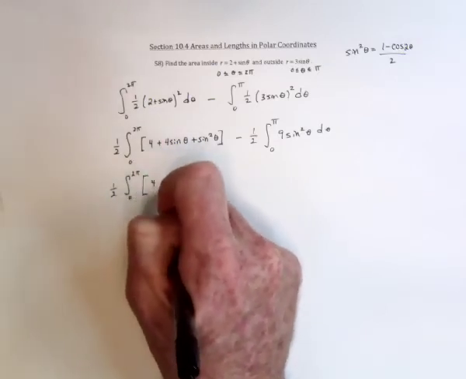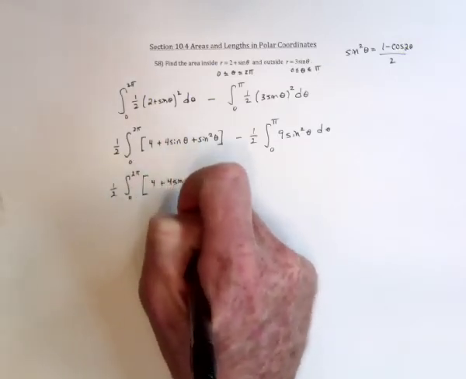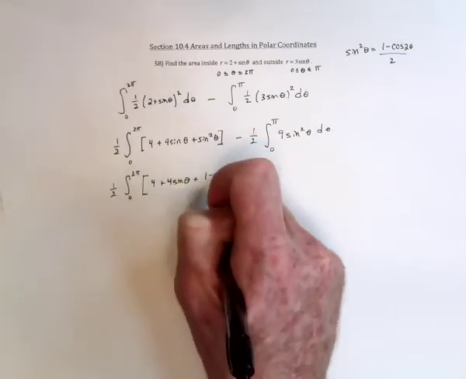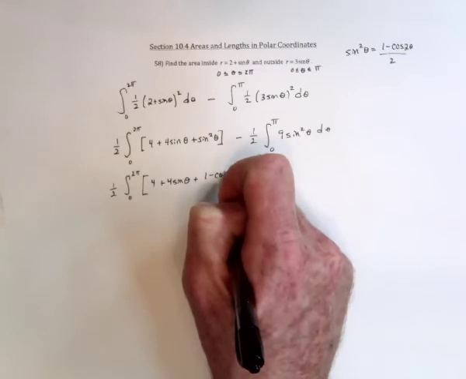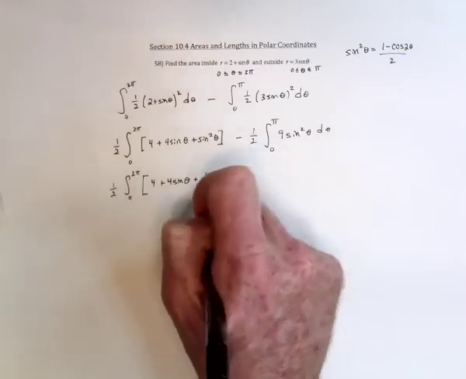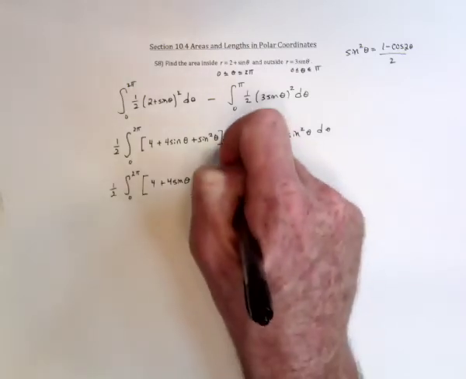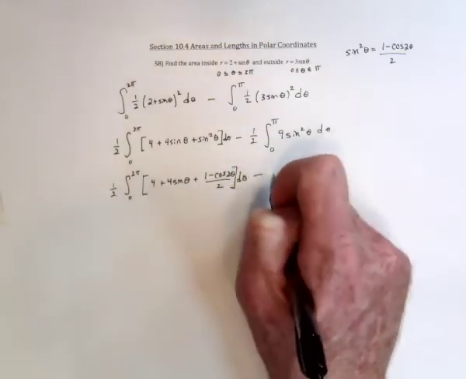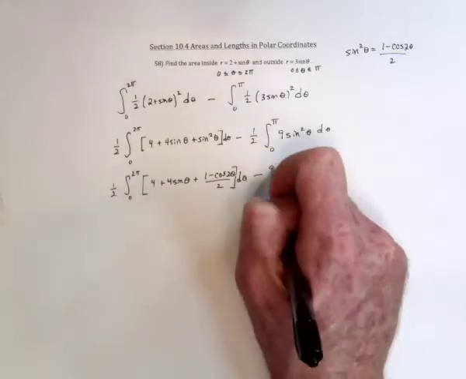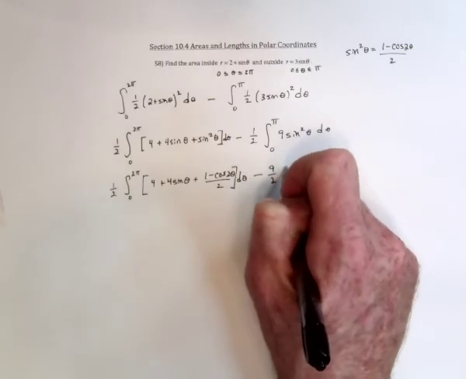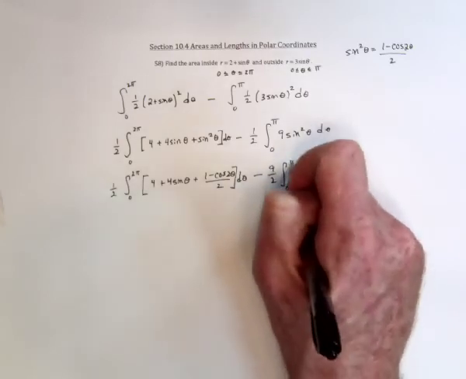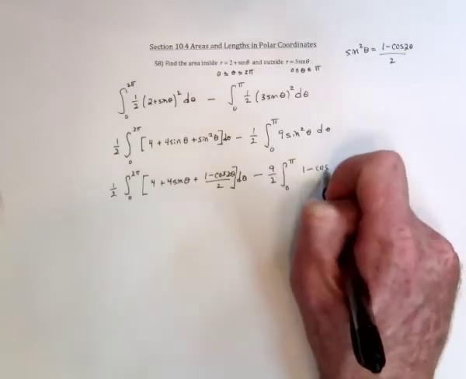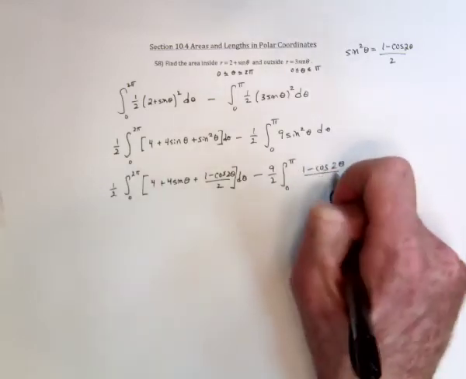So 4 sine of theta, and then 1 minus cosine of 2 theta over 2. I'm going to factor out this 9, so there's 9 halves, and then integrate from 0 to pi of 1 minus cosine of 2 theta over 2.